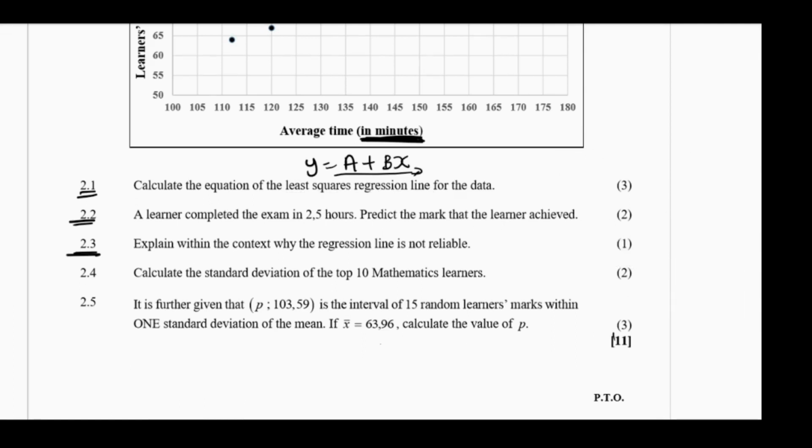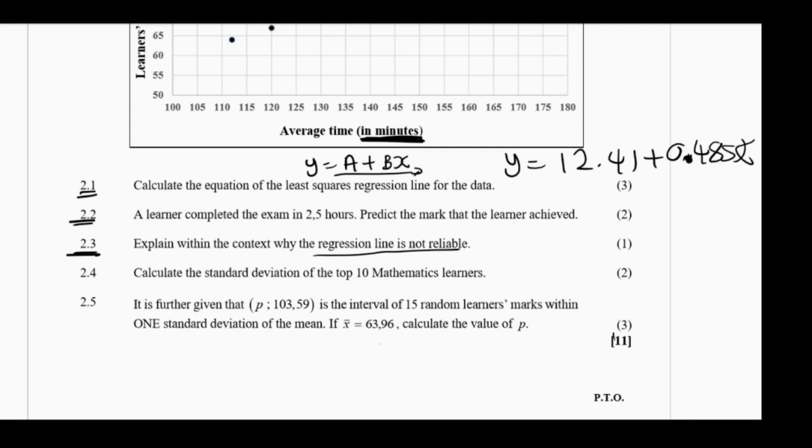2.3, they say explain within the context why the regression line is not reliable. So remember, the regression line says that we have y is equal to 12.41 plus 0.485x, right? Why are we saying this regression line is unreliable?